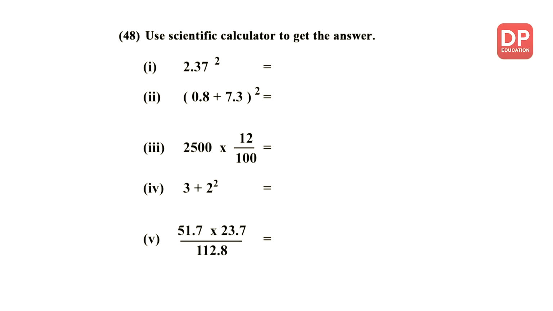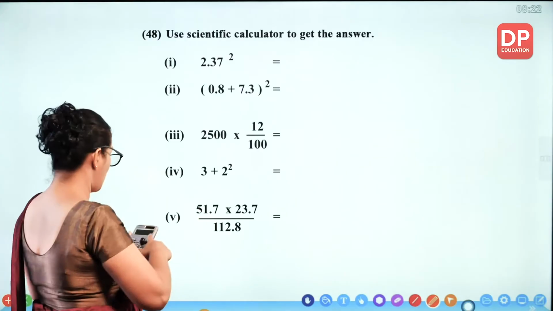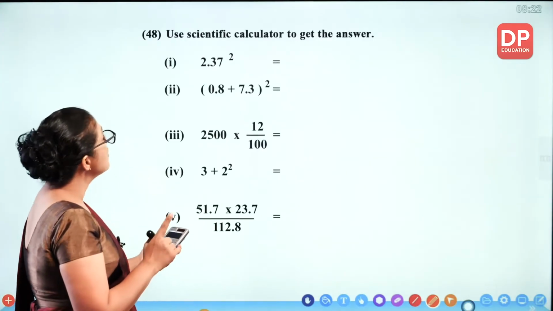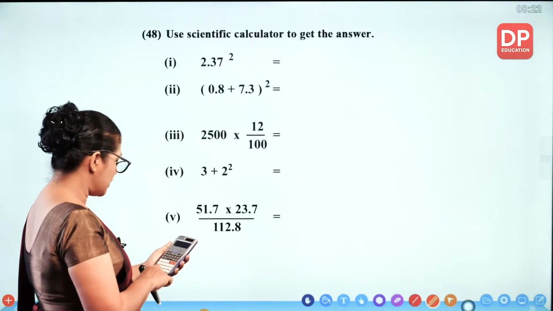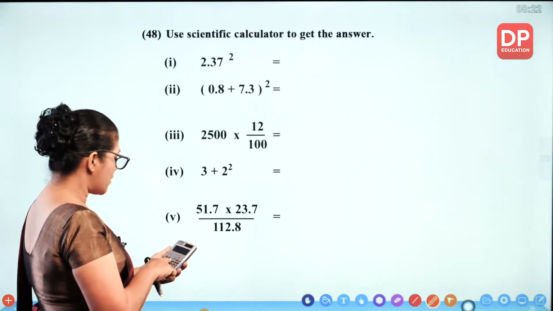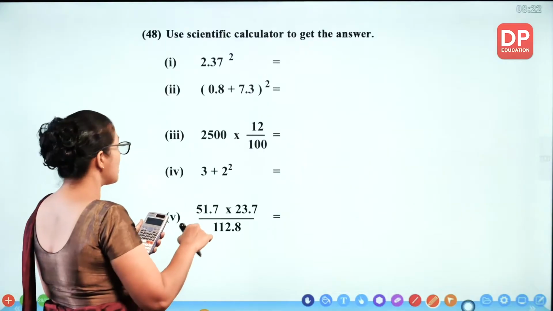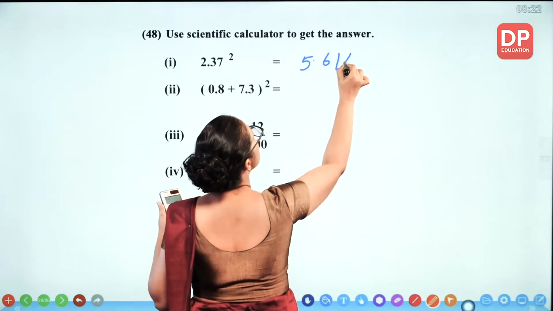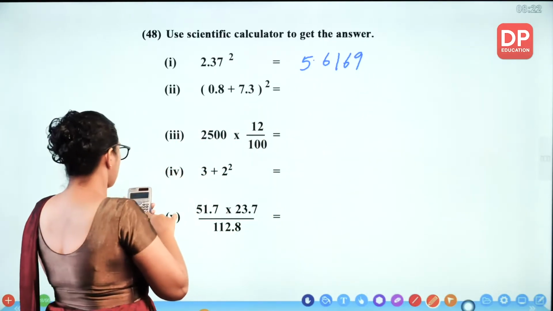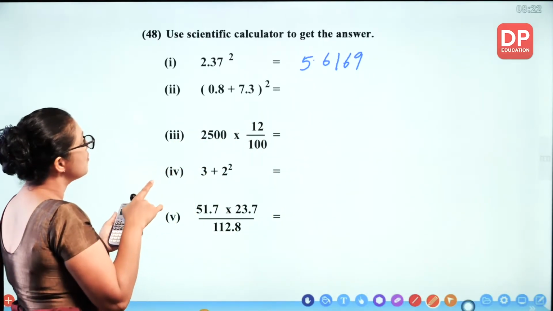So some more questions to get square terms and division, multiplication and division. So we'll do the first one, 2.37 squared. So x squared button, 2.37 x squared button, you get 5.6169. This one, put brackets.